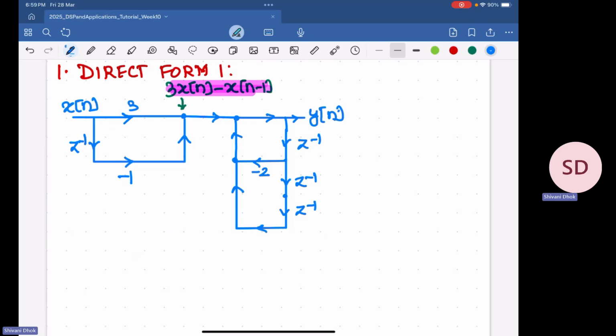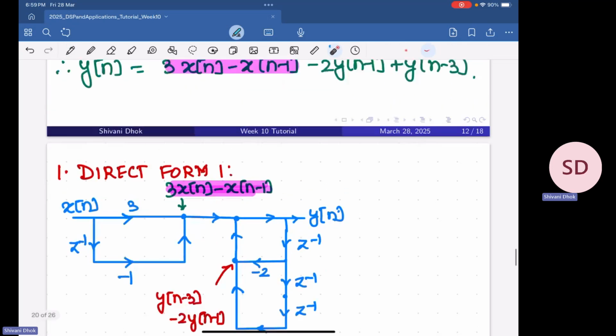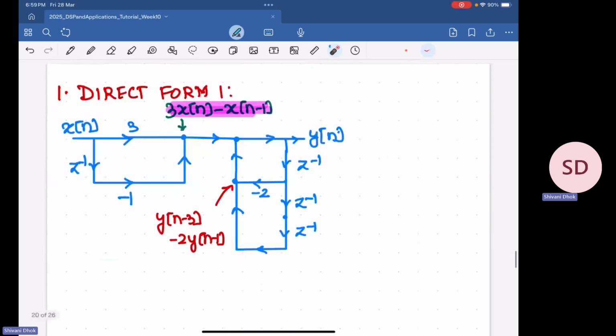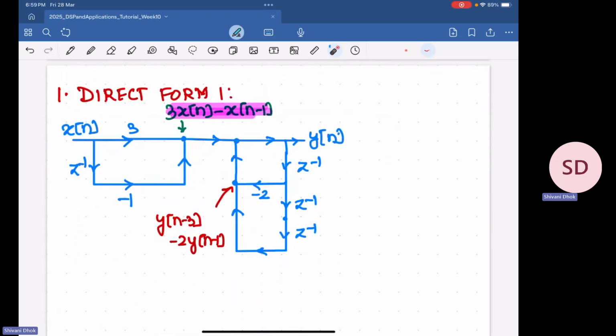So at this point, after merging both of these, we have y of n minus 3 minus 2 times y of n minus 1. This now gets added to this particular thing here, and that gives us our final y of n. So this is the direct form 1 representation.